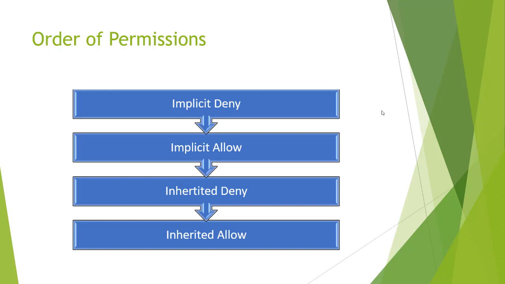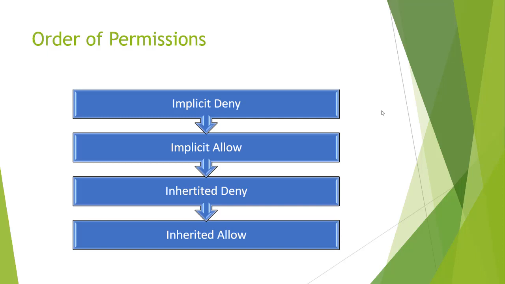Okay. Sometimes you'll hear the terms about explicit deny and explicit allow, and they're a little different than implicit. So just make sure that you know the differences between these two.